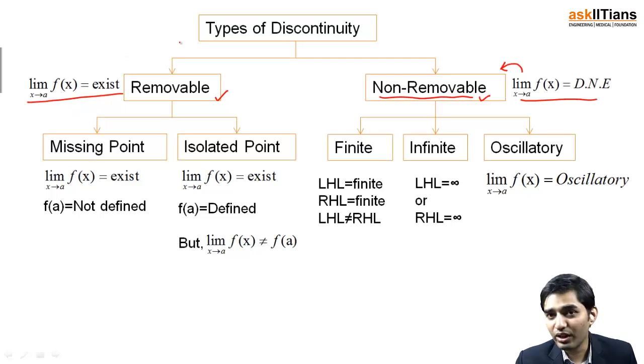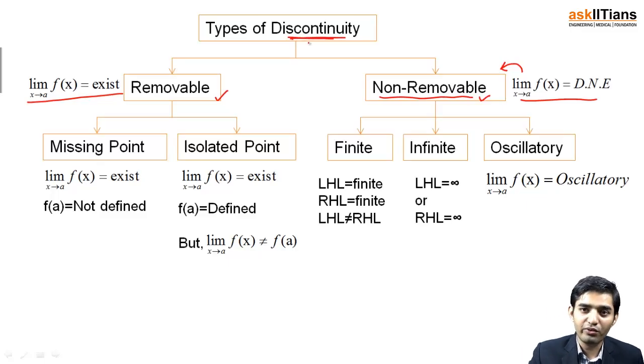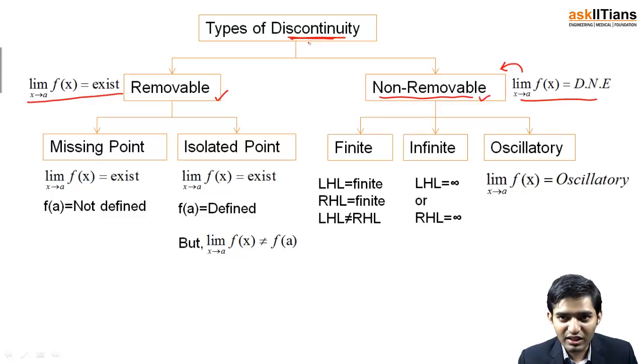So whatever we are talking about, the types of discontinuities, we can talk about them only when the function is discontinuous. So we are assuming that the function is discontinuous, and then only we can talk about the types of discontinuities, right? So the function is discontinuous, but the limit exists. If the limit exists, then it will be a removable type of discontinuity, and if the limit of the function does not exist, then it will be a non-removable type of discontinuity.